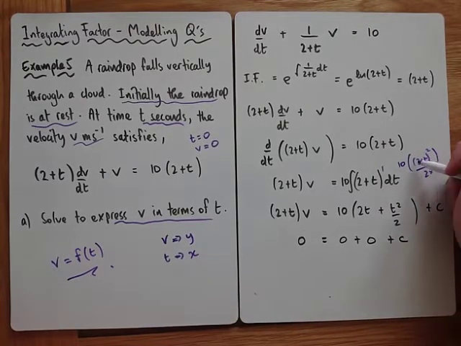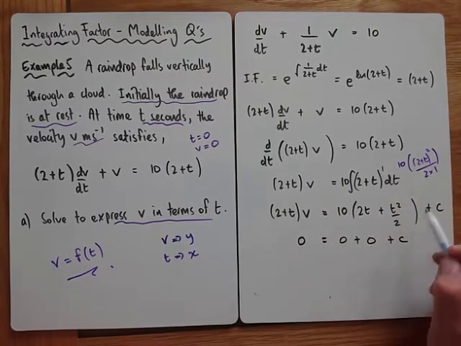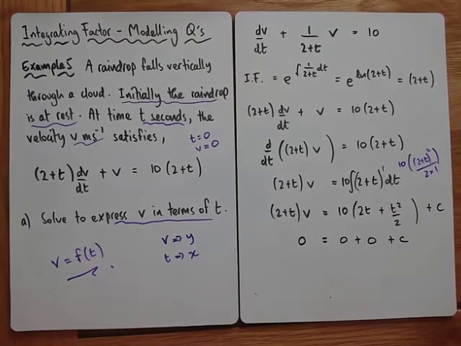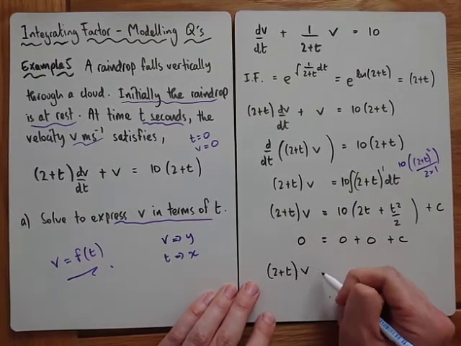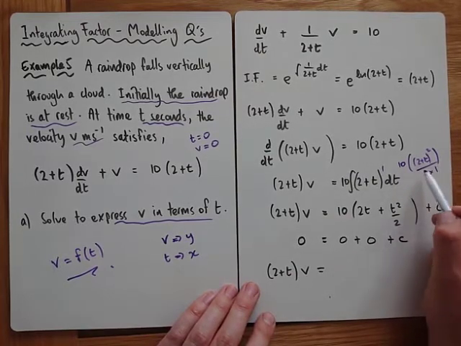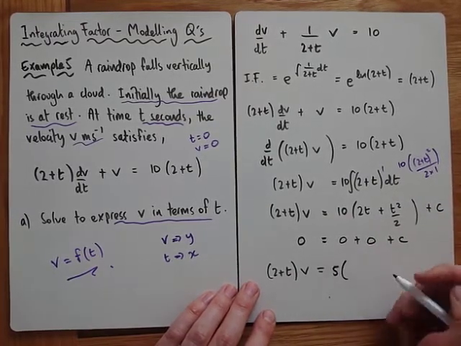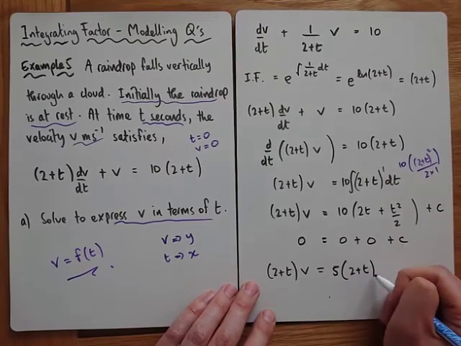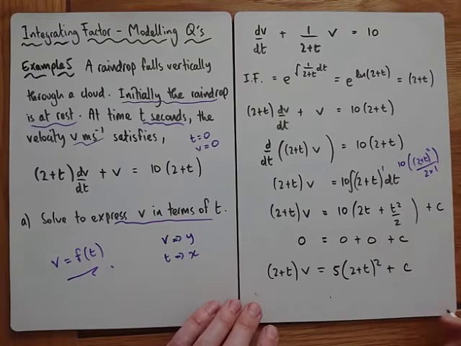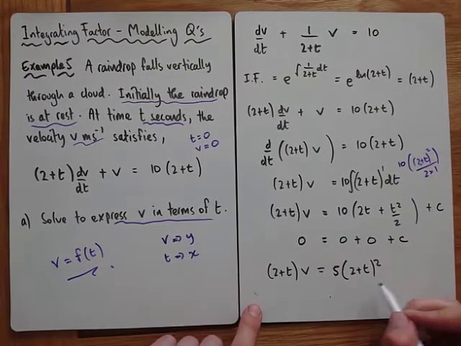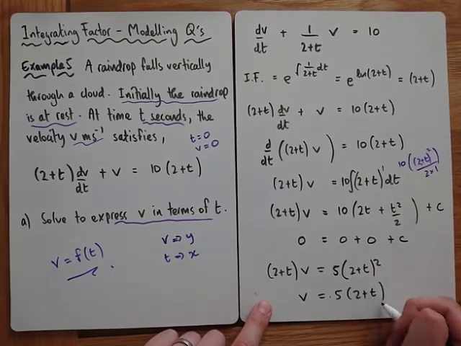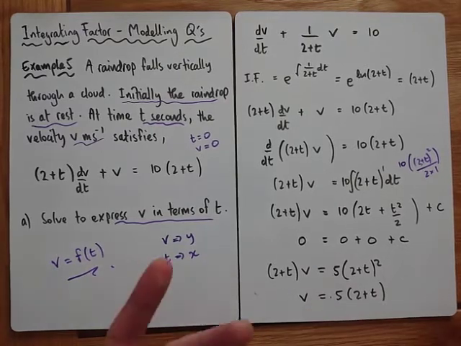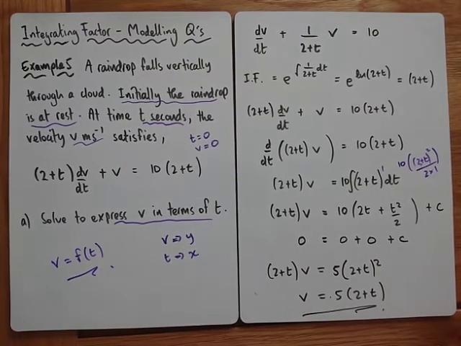So we've got 2 plus t times v. I'm going to integrate it as a bracket to a power, and then you get 5 lots of 2 plus t squared plus a constant. We found the constant was 0. Divide, so then v would equal 5 lots of 2 plus t, because you just divide and then one of the brackets cancels. Alright, is that the same answer in the booklet?